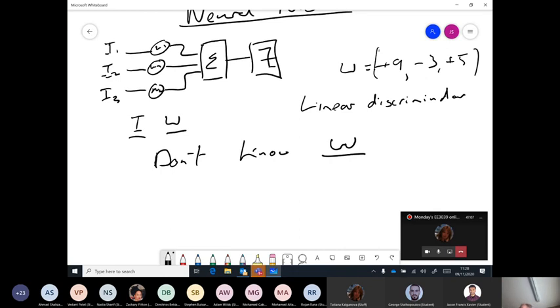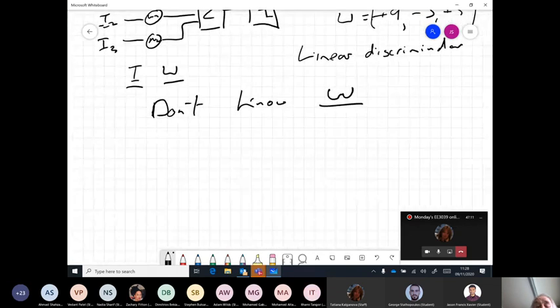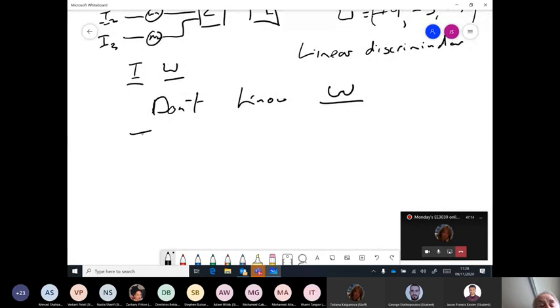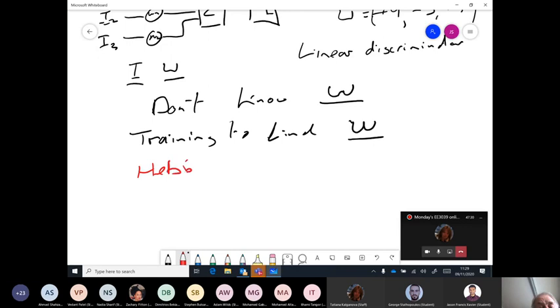So we now need a strategy for finding the weight vectors, and this is known as training. And it is based on a thing called Hebbian learning, which is named after an American called Donald Hebb.